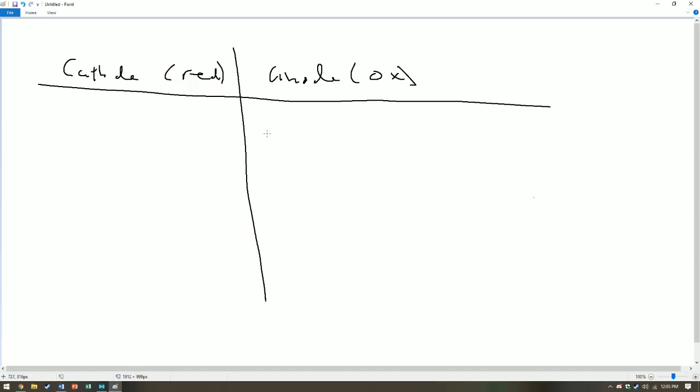And so we know at the anode either chlorine can oxidize, so 2Cl minus produces Cl2 plus 2 electrons, or we could have oxygen oxidize, so we would have 2O2 minus yields O2 plus 4 electrons.